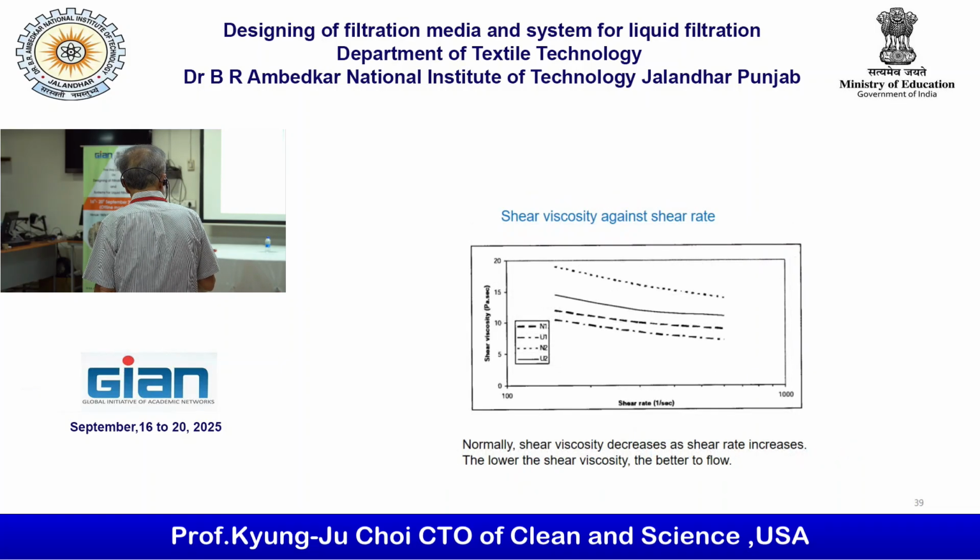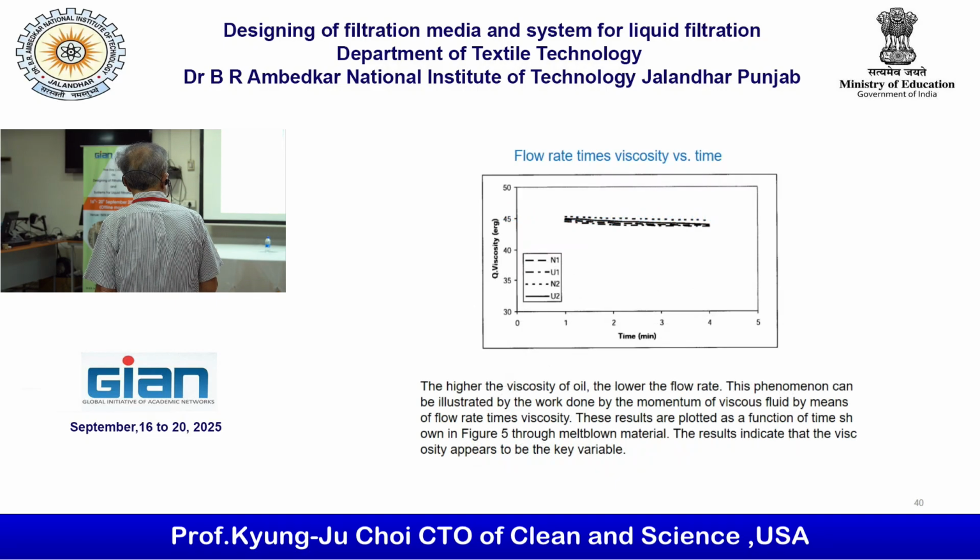So here, this is quite interesting result. Q times viscosity, then you can get all 4 different material as one single line. Then you can get some conclusion out of it.